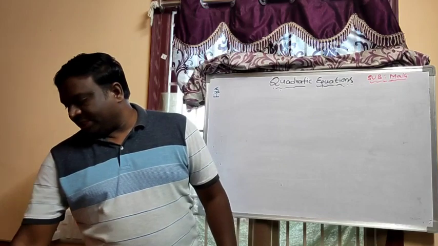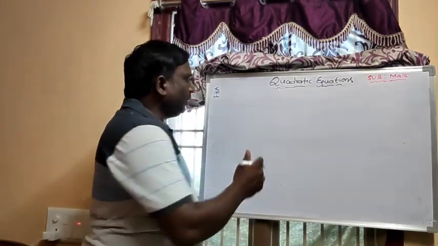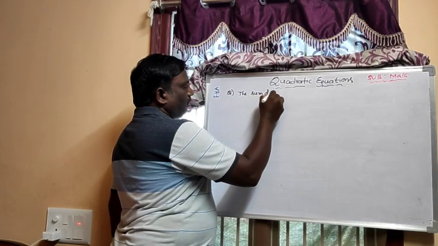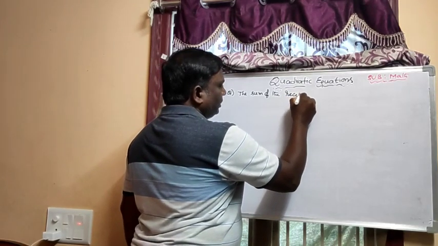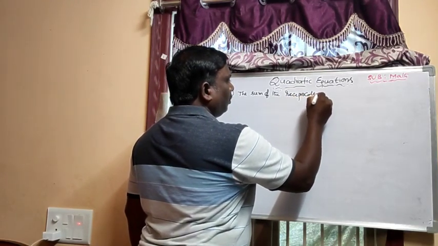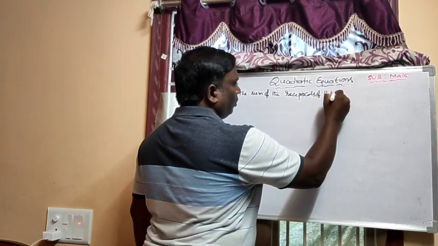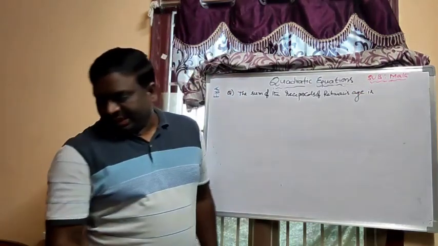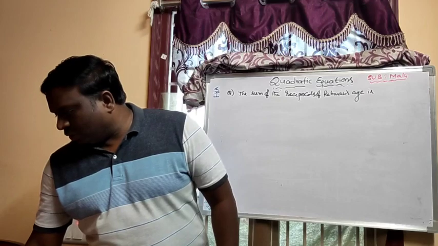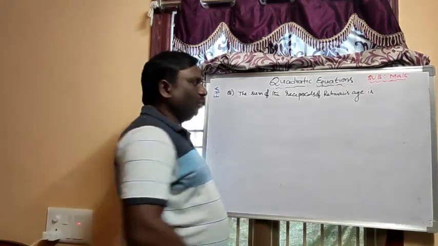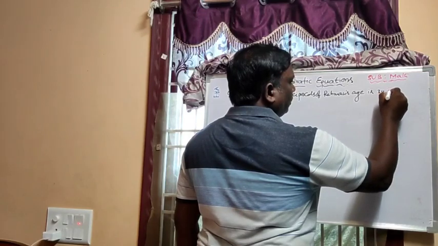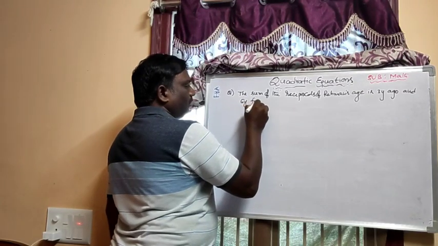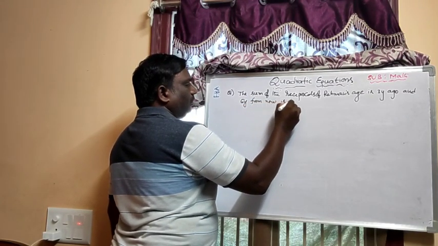The sum of the reciprocals of Rahman's age 3 years ago and 5 years from now is 1 by 3.